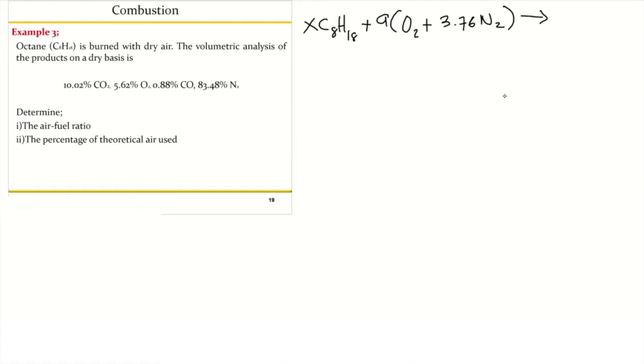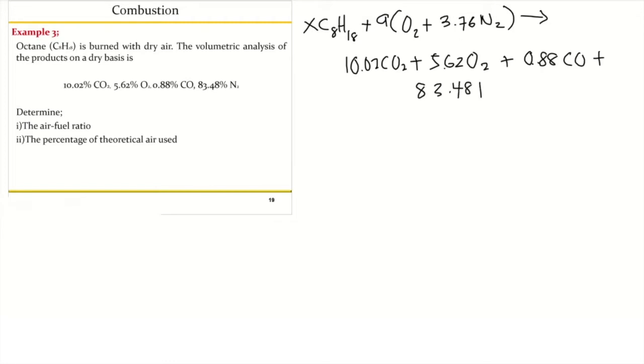So this one will be equal to the percentage of the product. Let me explain about the product.